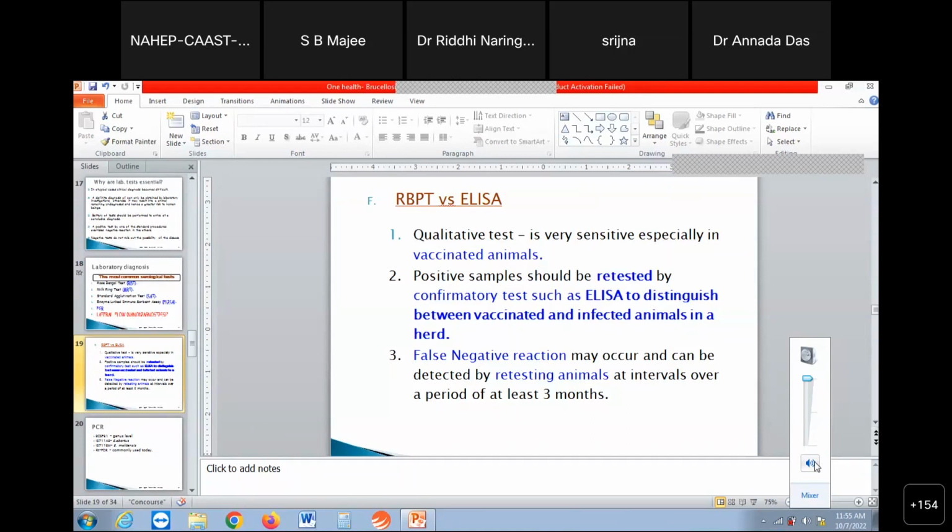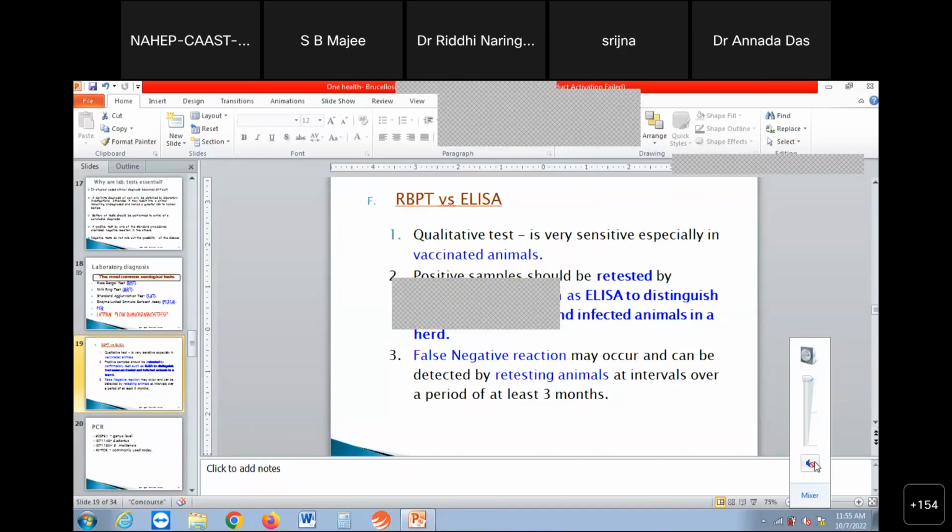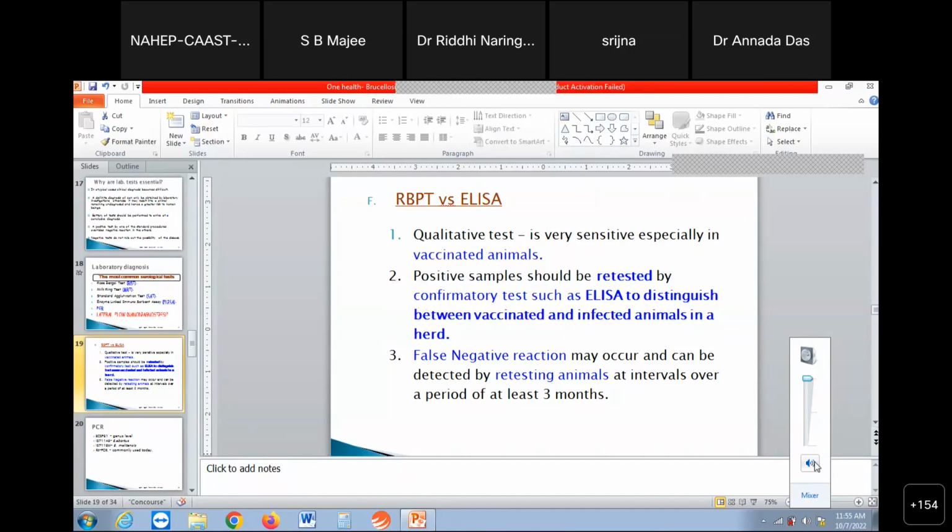At that time, if the animal again gets pregnant, then the organism may go towards the gravid uterus, and that is the time when you can retest the animal and find out the presence of the antibodies. So, as I told you, a negative reaction may not always mean that the animal is negative, and it should be retested. Then we go to the next one, that is PCR.